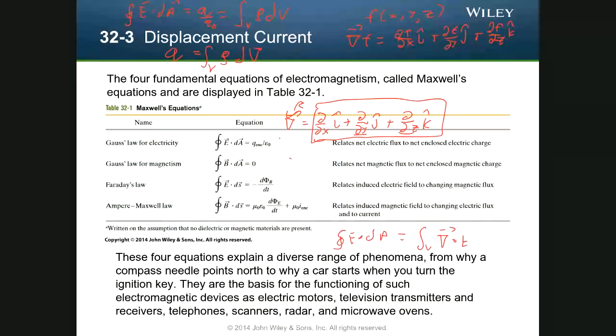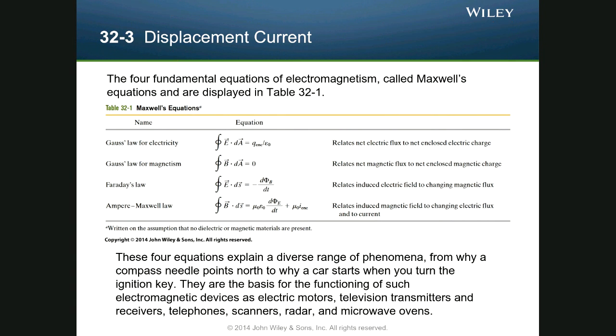See, del dot E is the divergence of E times the volume. Okay? So now I'm going to clear all this, and we're going to rewrite Gauss's law in terms of volume integrals.